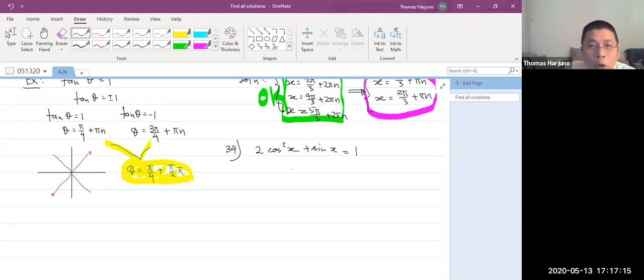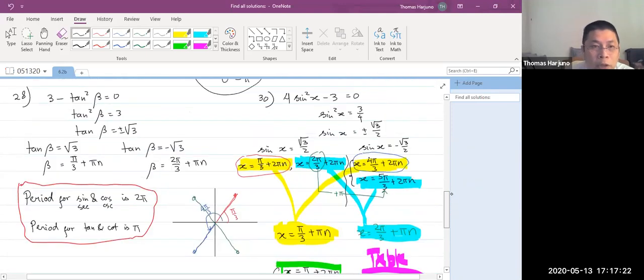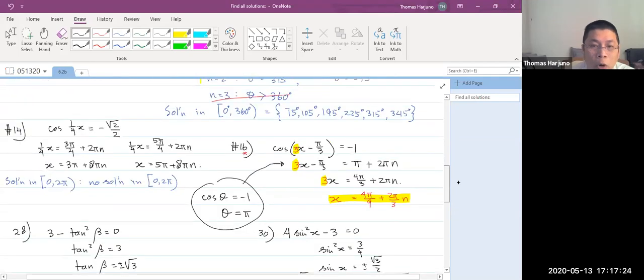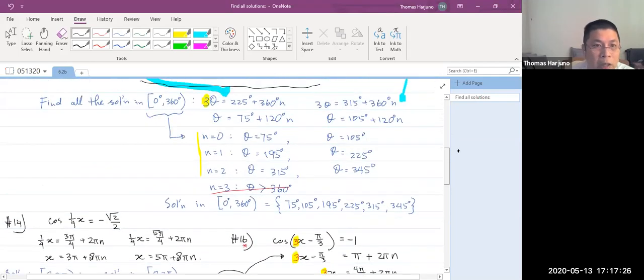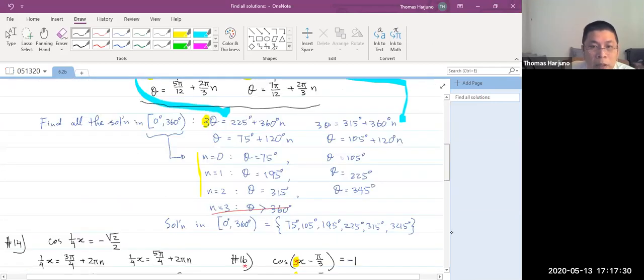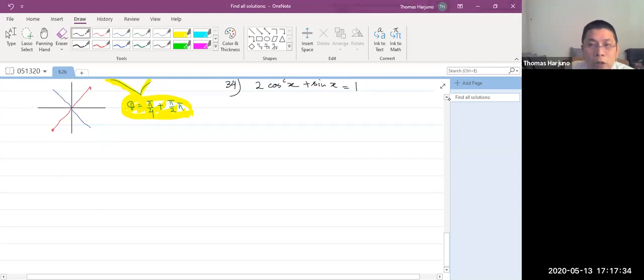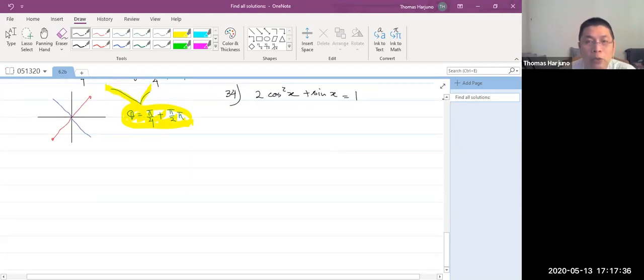So far we only solved equations that involve only one function, only sine, only tangent, only cosine, right? But this equation has two trig functions, cosine squared and sine. So Thomas, what do I do?